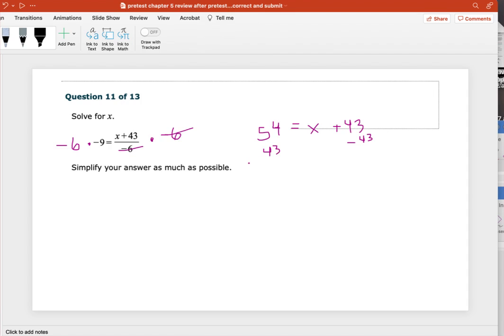And we have 11 on this side equals x. There you go. Now, I am a little OCD about this. I always put my x on the left, which is just a good practice.